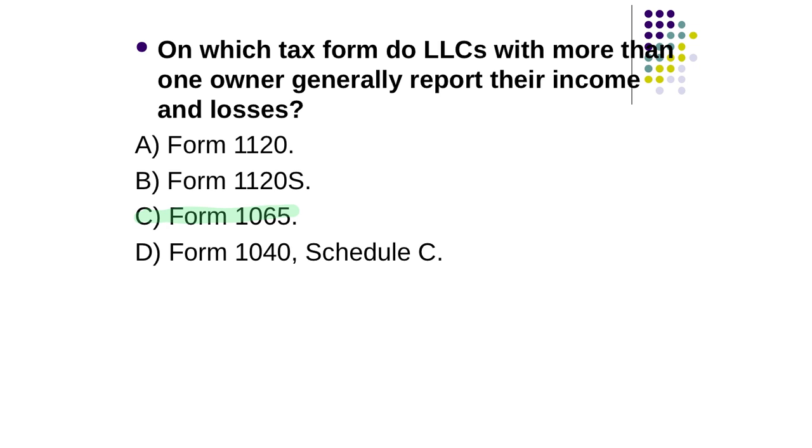And the reason why is because in this particular problem, it says it's an LLC with more than one owner. So if there's one owner, it kind of falls into that sole proprietorship realm. But since there is more than one owner and it's an LLC, that would make it a partnership. And partnerships are reported on the Form 1065.